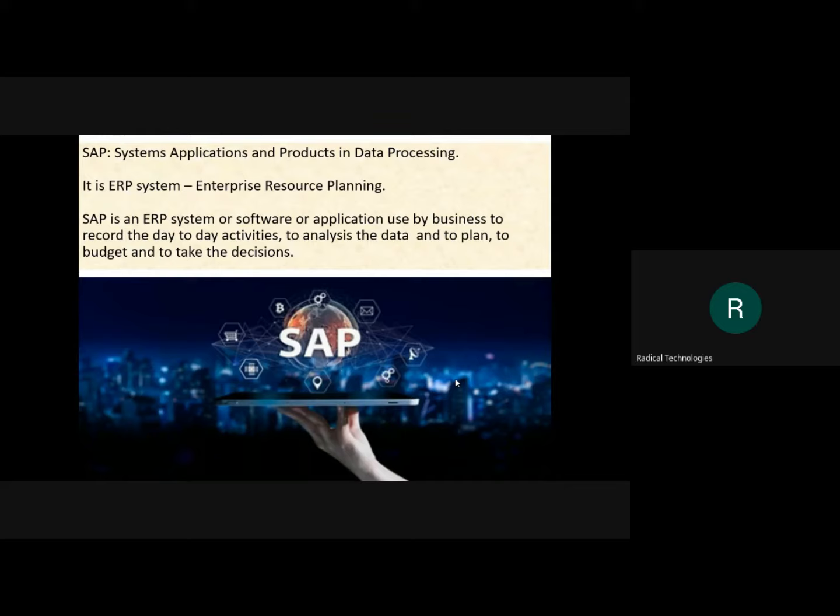An ERP system can be SAP, Oracle, Tally. It can be anything. Companies use it to record day-to-day activities, to analyze the data, to plan it, to budget it, and to take decisions. For this purpose, companies look for software.